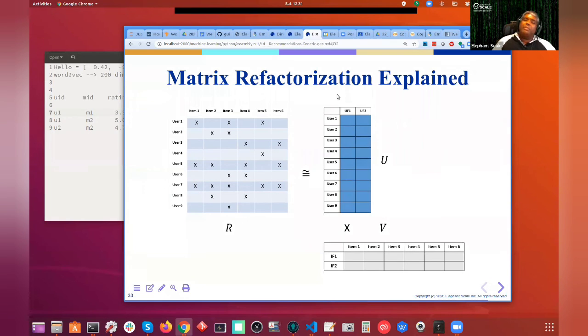You can factor the matrix into any number of matrices you want. But in this case, we want to maintain the dimensions as users and items, because the original matrix is two-dimensional, with users on rows and items on columns. To add to the complexity, you can also add other dimensions.